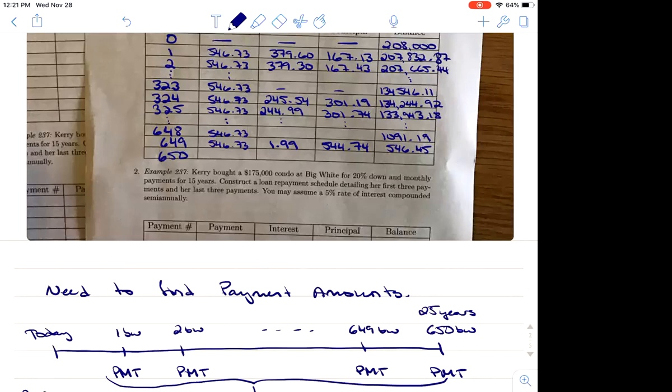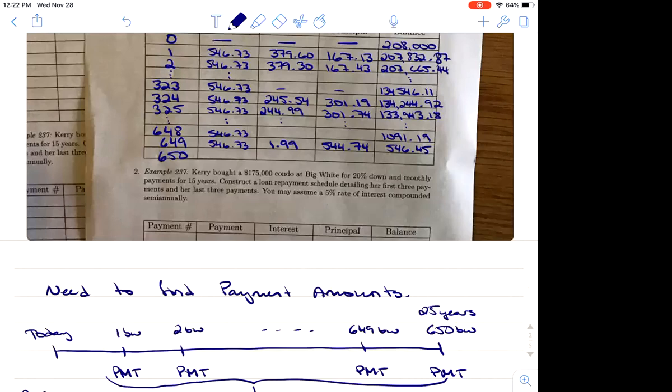This is where we change gears. We say, okay, we're down to our last payment here. We know the balance here has to be zero. There's no two ways around it, the bank is going to want you squared up.